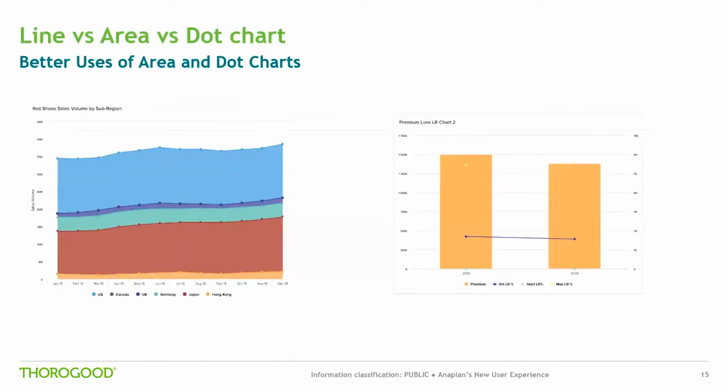So the area chart looks much better as a stack chart, where you can see the proportions changing over time, and that works quite nicely. And then the dot chart works very well when you've got a very messy combination chart. Now, what I've done here, this is a chart we'll see shortly, is use the dots to capture the maximum loss ratio, which has been rendered on the right-hand side.